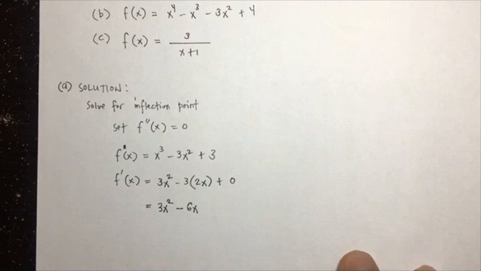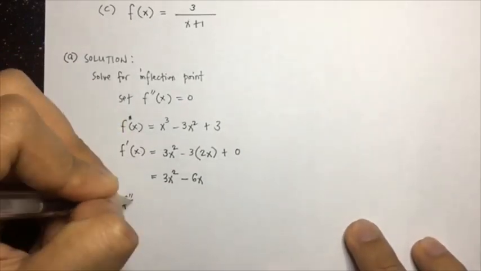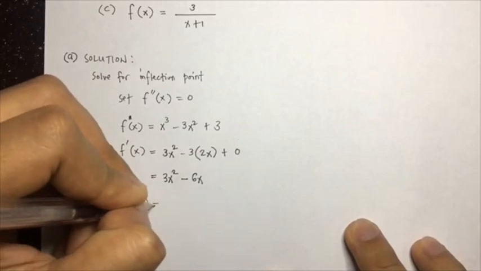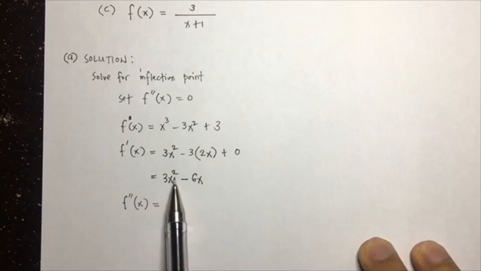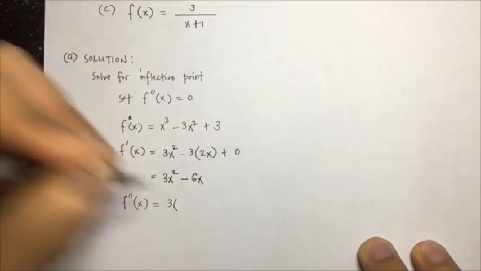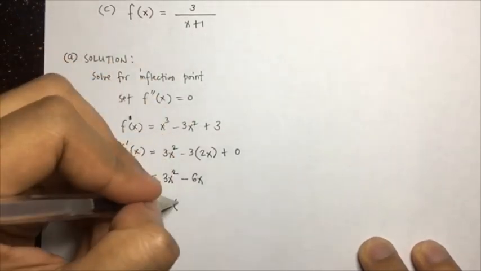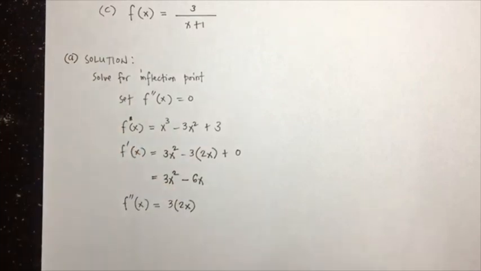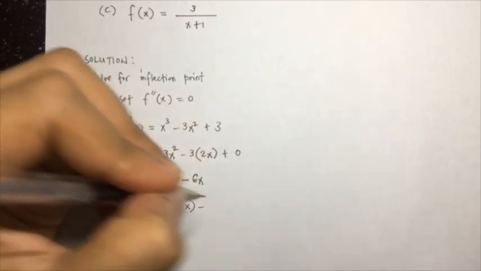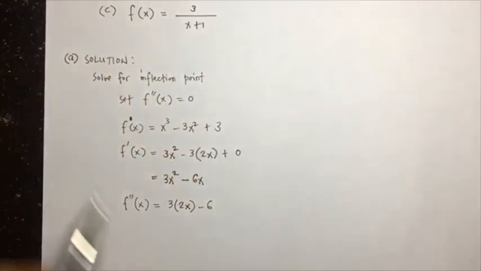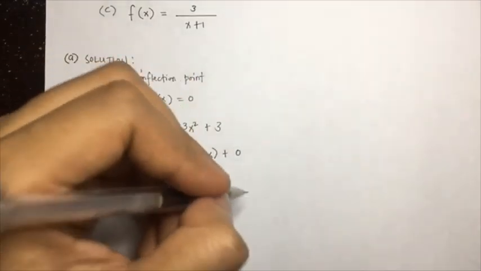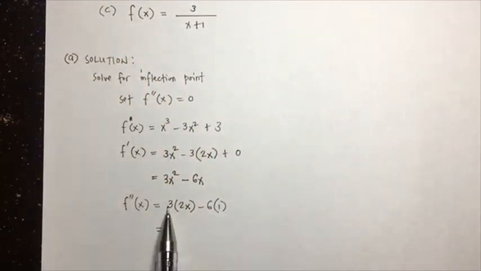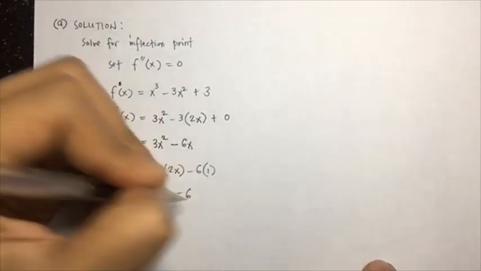Next, for our second derivative, the derivative of 3x squared is 3 multiplied by the derivative of x squared, that is 2x, minus 6 times the derivative of x with respect to x, that is 1. So our second derivative is 3 times 2x, that is 6x, minus 6.